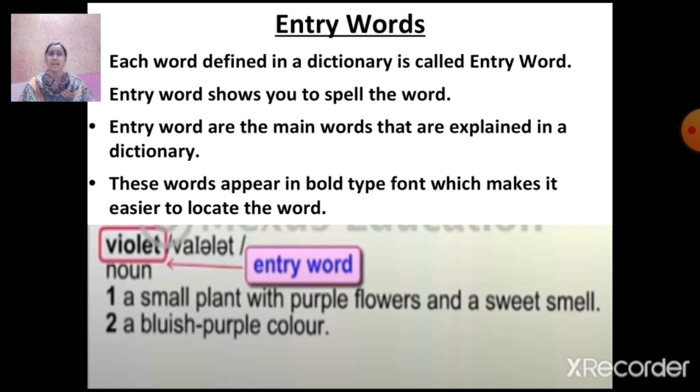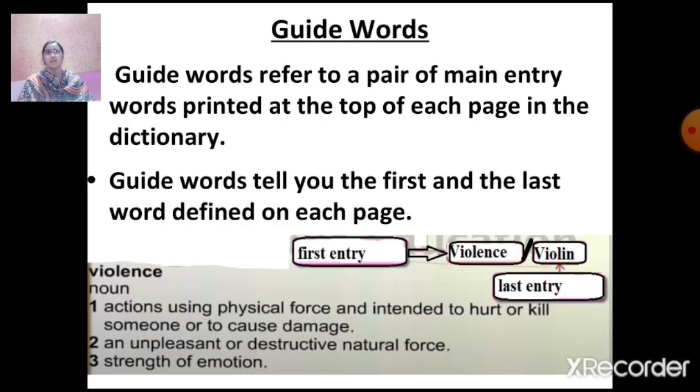Now another way in which you can find a word in a dictionary is with the help of guide words. Now the guide words refer to a pair of main entry words printed at the top of each page in the dictionary. Then the guide words tell you the first and the last word defined on each page.